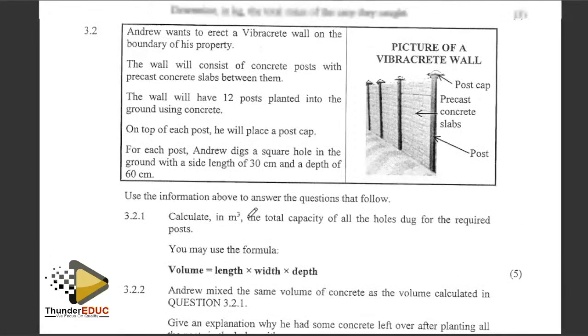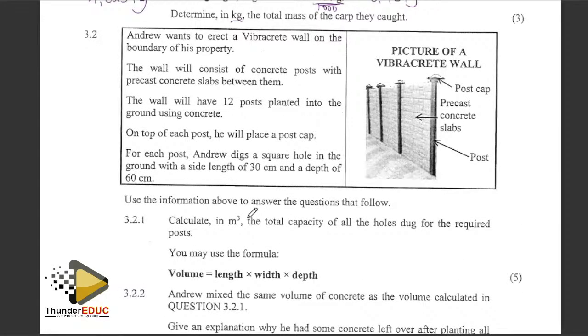3.2.1. Okay, 3.2. Andrew wants to erect a very pretty wall on the boundary of his property, a perimeter. He wants to put a fence. Then the wall will consist of concrete posts with precast concrete slabs between them.